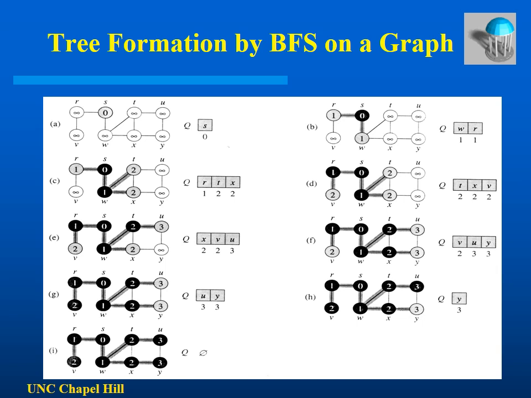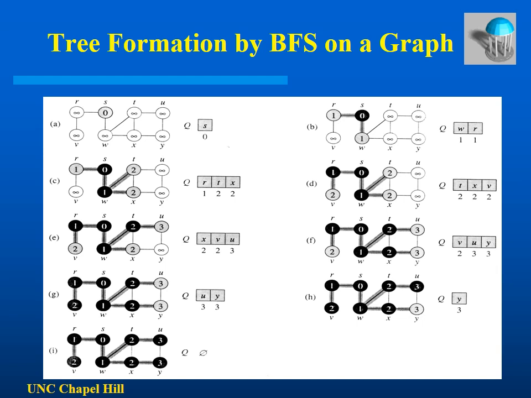The path lengths to the two things that were now discovered, marked in gray, T and X, are set as one greater than the path length in W, which is the node that we're processing as the base node right now. And so they're given the value 1 plus 1, 2 in both cases.